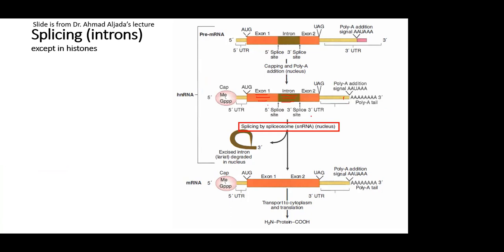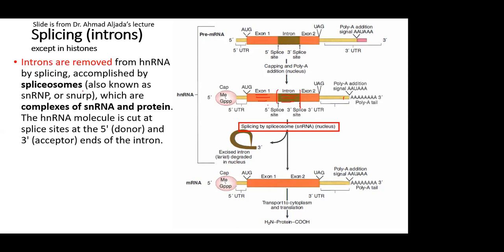So what is actually splicing? So we're gonna cut this out. Splicing means we're gonna get rid of the non-coding parts, like this intron here. Gonna cut it out and throw it away. And the cut is gonna be achieved by specific enzymes or a mixture of proteins and small nuclear RNA.